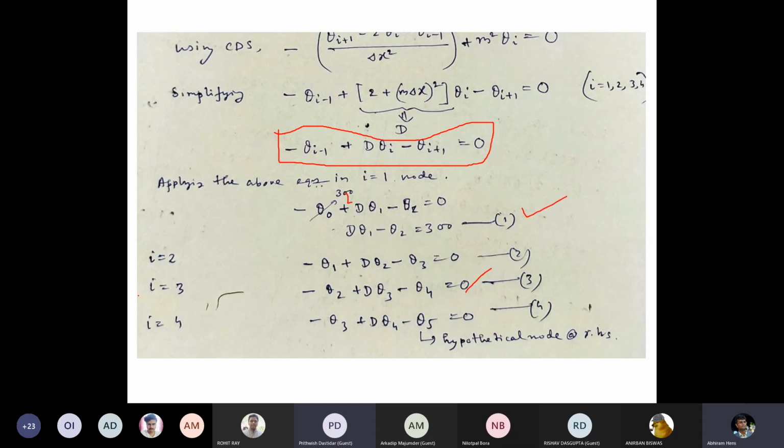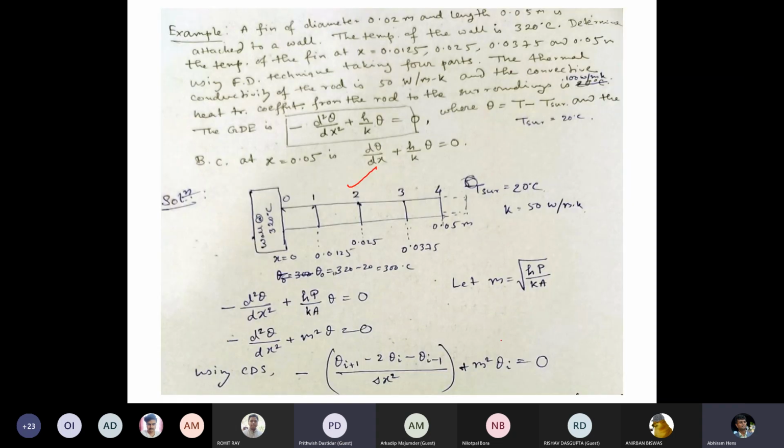Similarly, for i equal to 2, that means the second point, you will get another equation, then another for 3, and another for 4. So in the fourth equation you are getting this theta 5 term, which is beyond the boundary. Now you need to consider an imaginary point here in order to get this Neumann type of boundary condition.